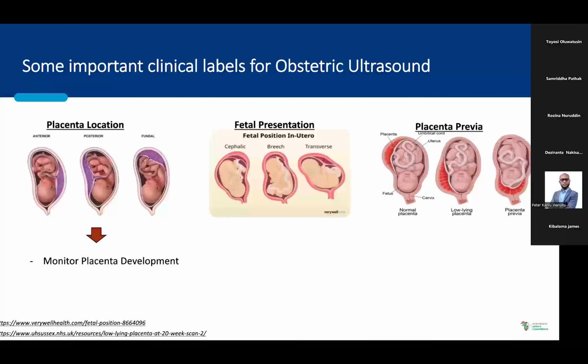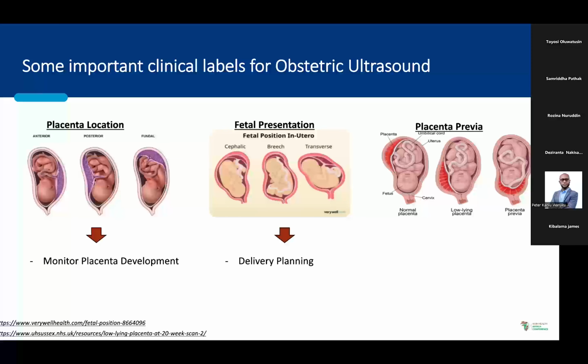And here we can see what the things are that the experts care about for the child when they perform a regular scan. They often look at the placenta location. The placenta simply means a body mass that allows the child that is being developed to get the nutrients as well as oxygen. Another thing that is important is the fetal presentation.